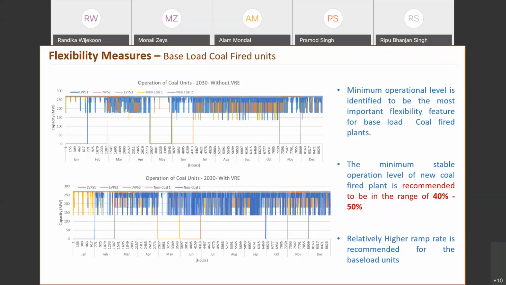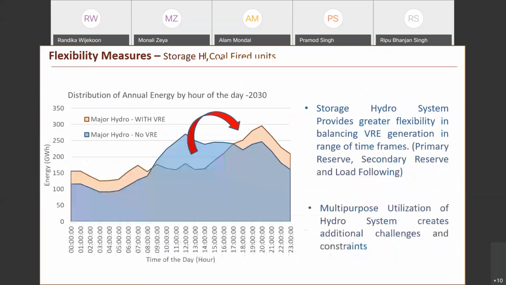Therefore, we identify the minimum stable operational level as one of the most important flexibility attributes of the coal-fired baseload units. Therefore, we recommend our future units to have their lower levels in the range of 40 to 50%. And next slide, please.